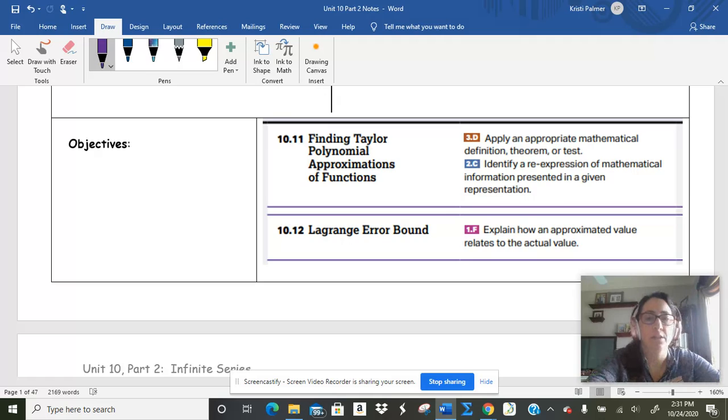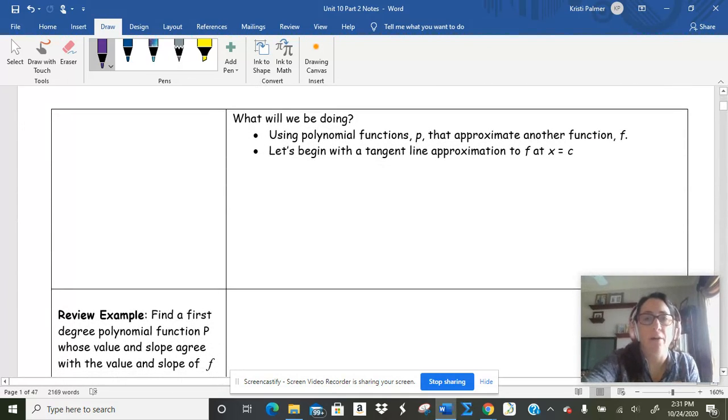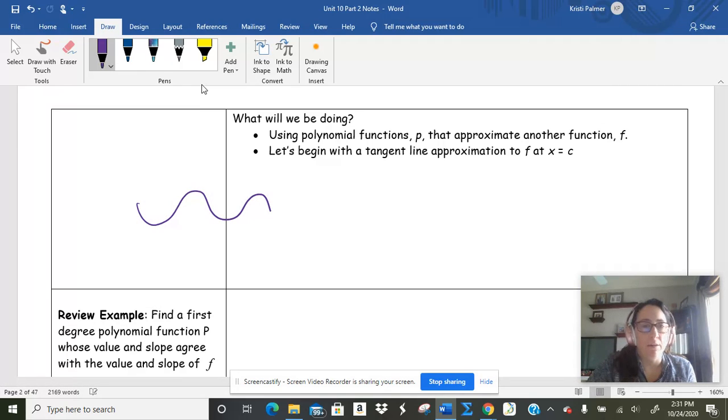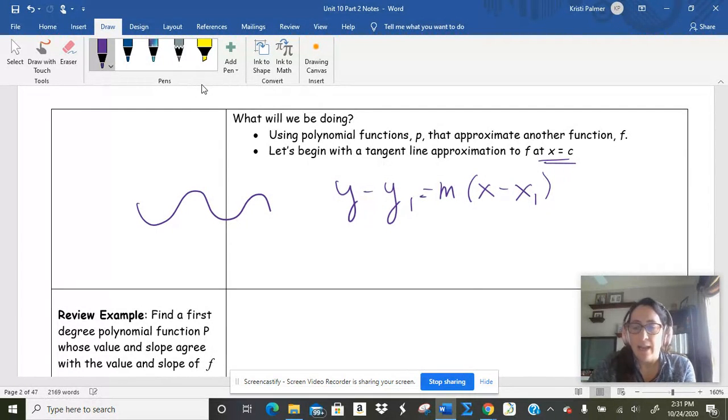Okay, so we're going to start this conversation by thinking about what a tangent line was. If you remember, maybe we had some curve going on and we used this to get a tangent line. We said the slope, let's say again, at some c value for x. So then we'd have y minus f of c, and then the slope was that first derivative that we had to take, and then x minus c.